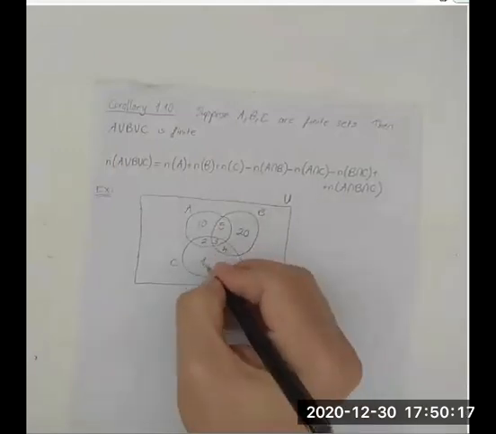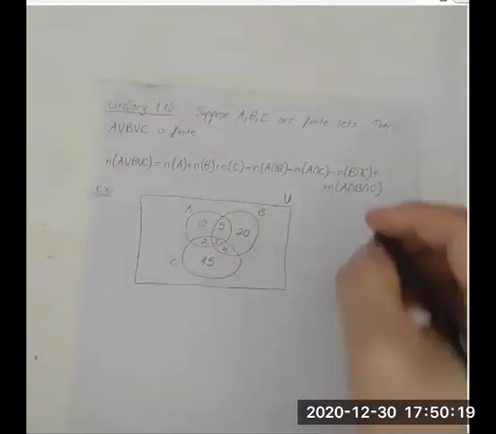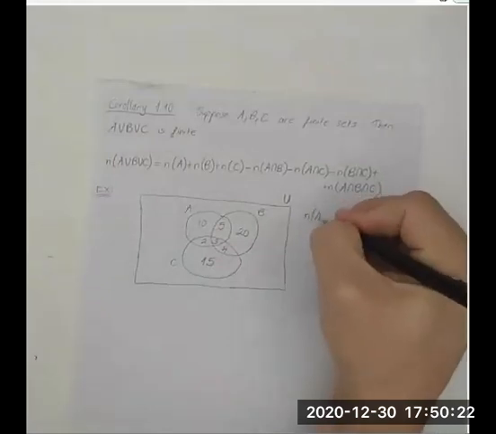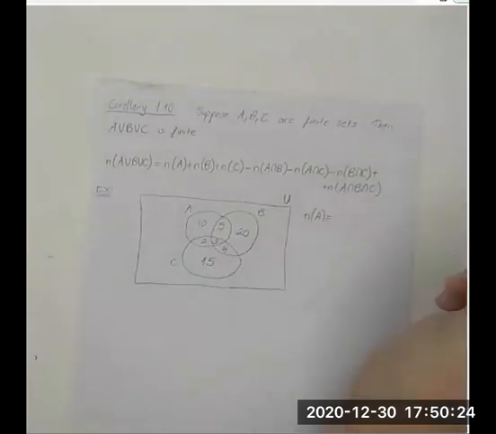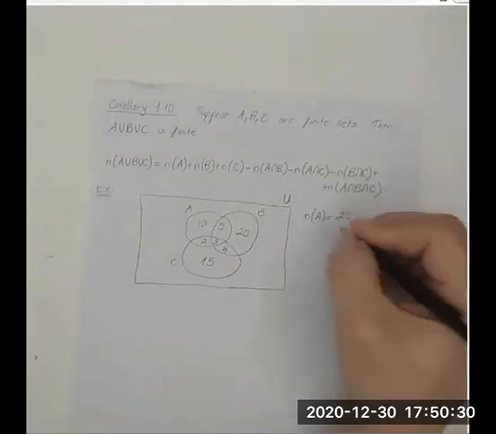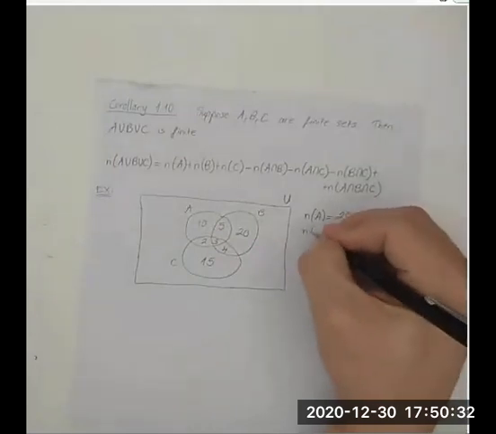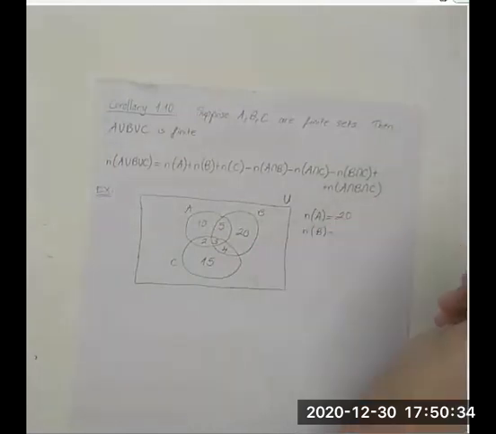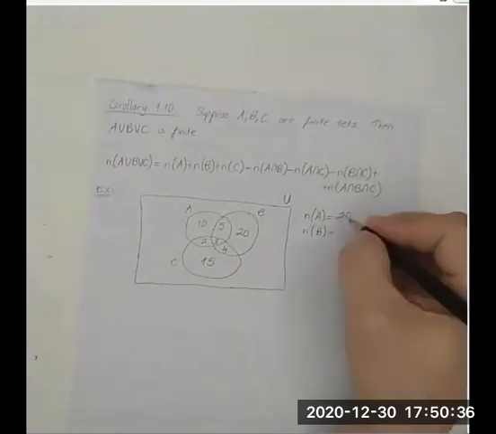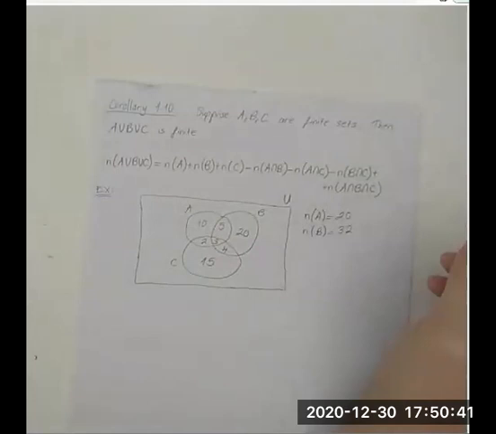So what's the number of A? It is 20. The number of B is 32. And the number of C is 24.